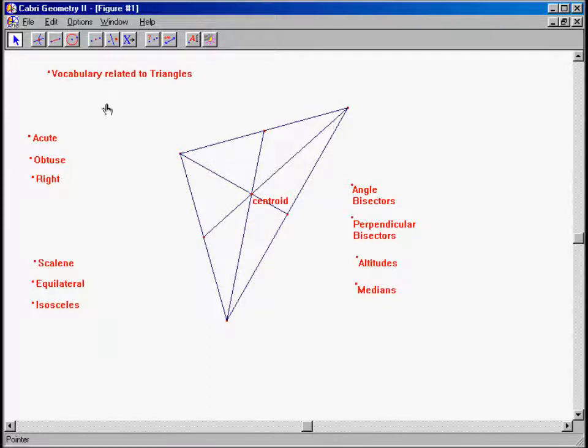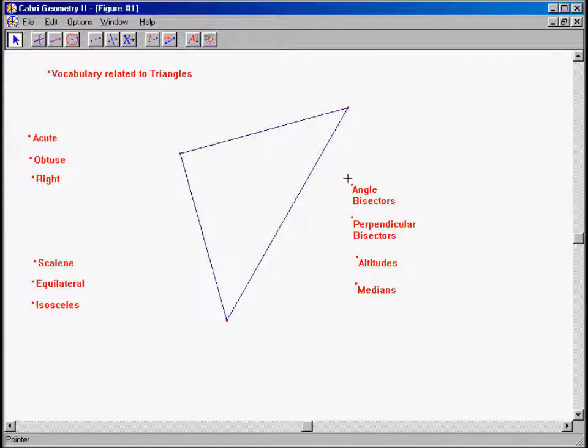Okay, I'm going to delete these points and these midpoints too, because we're going to go on to the angle bisectors.